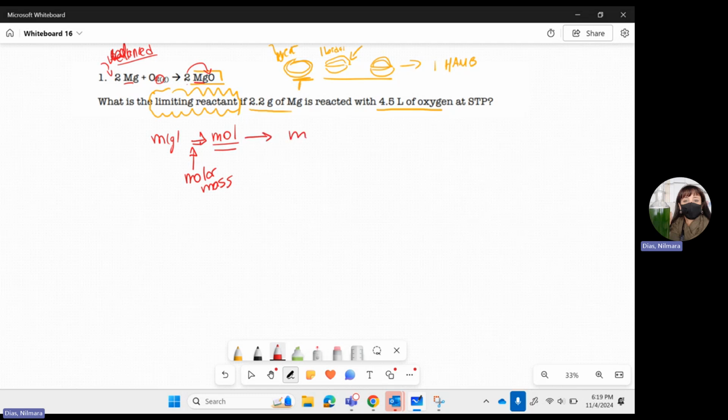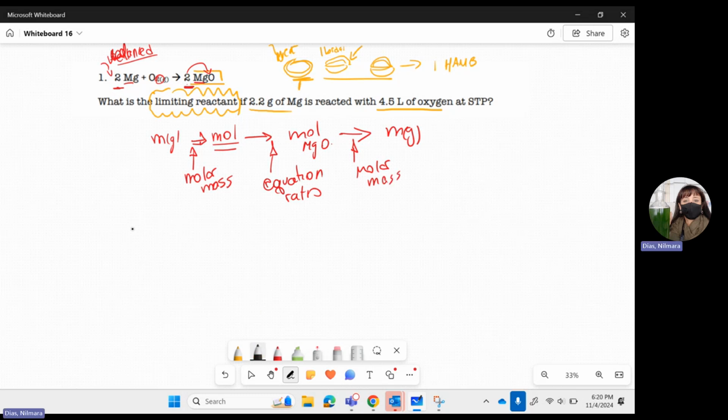And to find the moles of magnesium oxide, I need the equation ratio, which will be 2 magnesium produce 2 magnesium oxide. And then if I need the mass, I'm going to use the molar mass again, but now it's the molar mass of magnesium oxide.